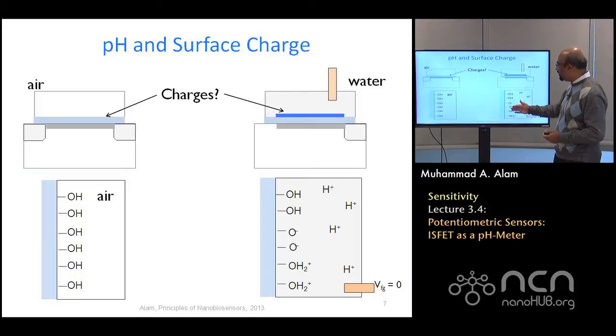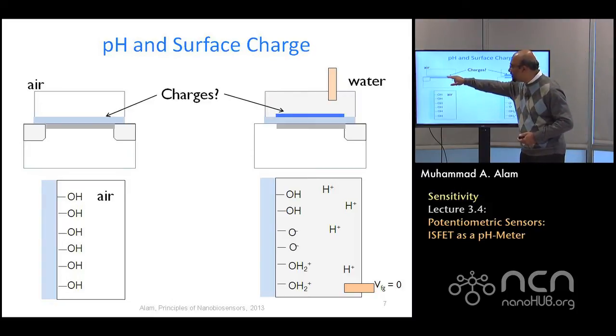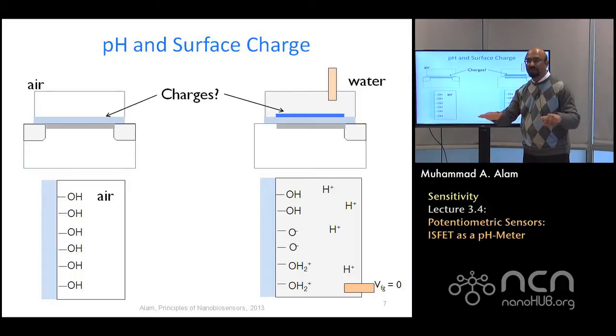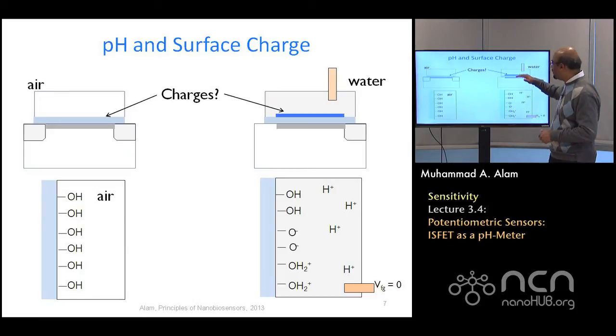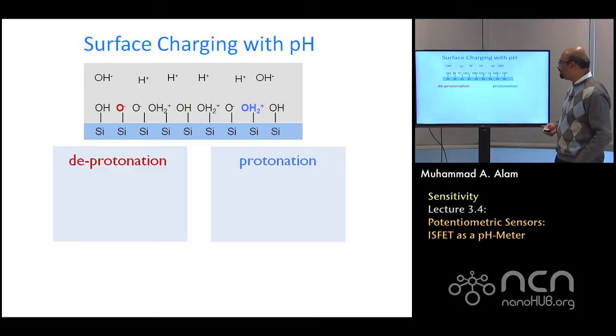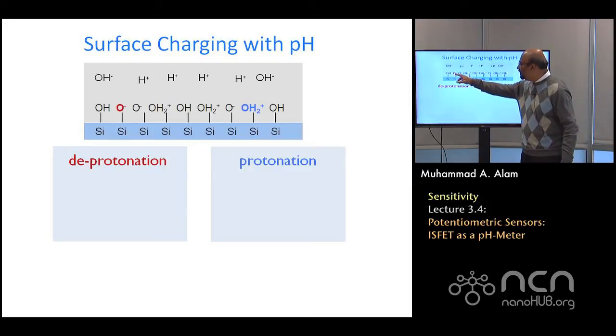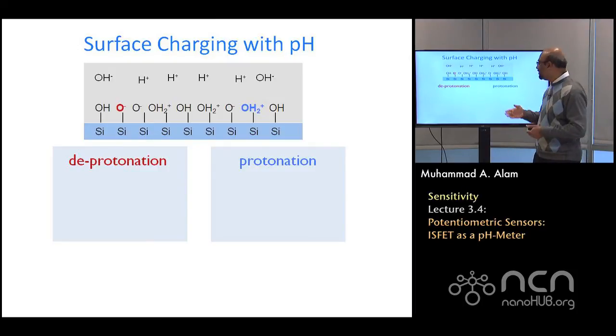Now, because of this net charge, although the original surface in air was completely charge-free, now it will develop a charge. Turns out there is a very simple calculation. We'll be able to do it relatively quickly. Here is my surface. Deprotonation means the hydrogen has gone away, the proton has gone away.